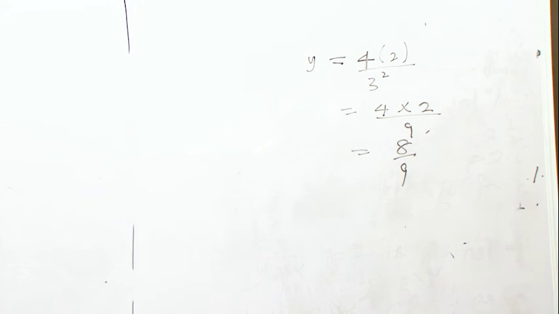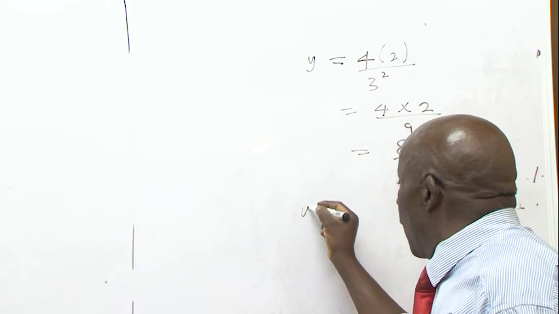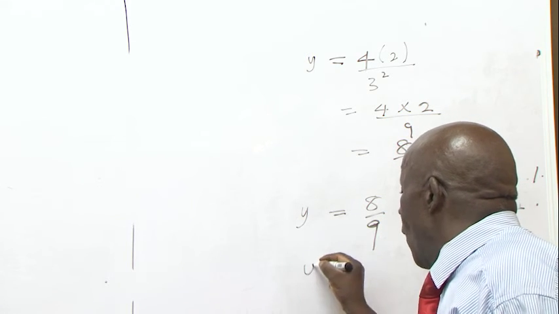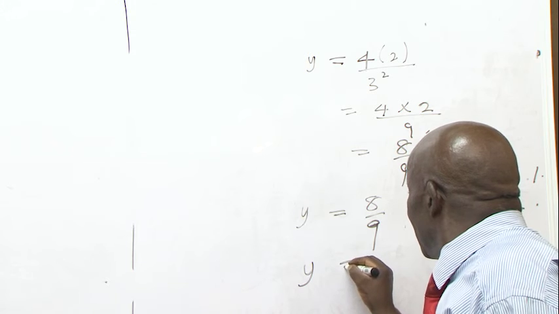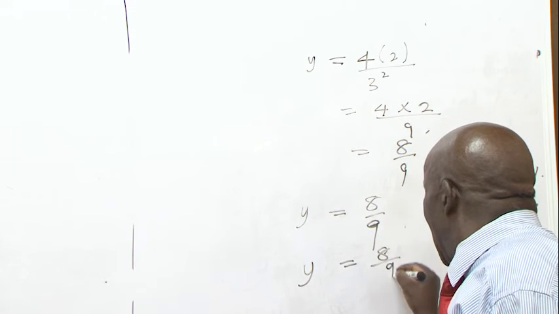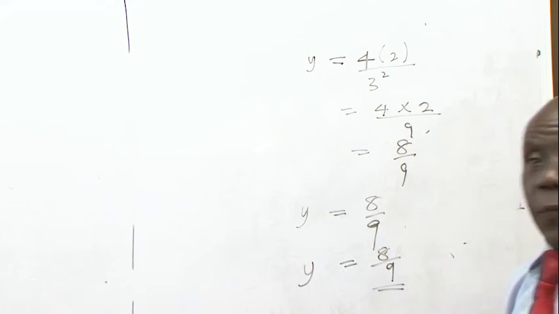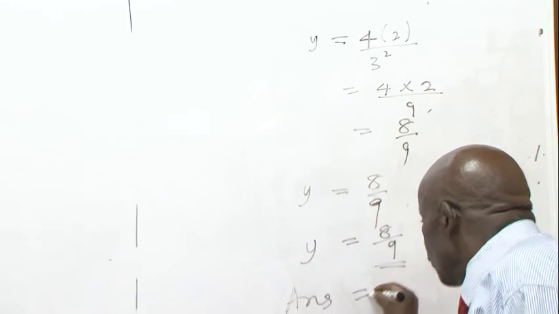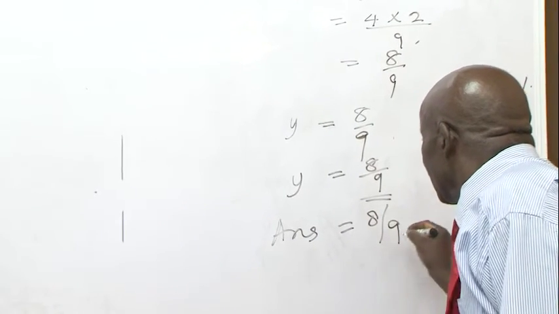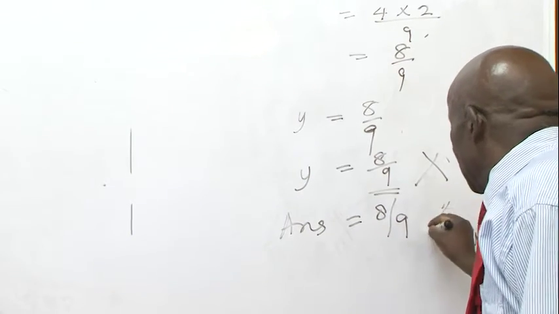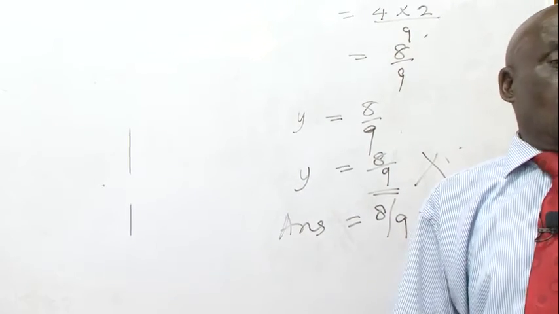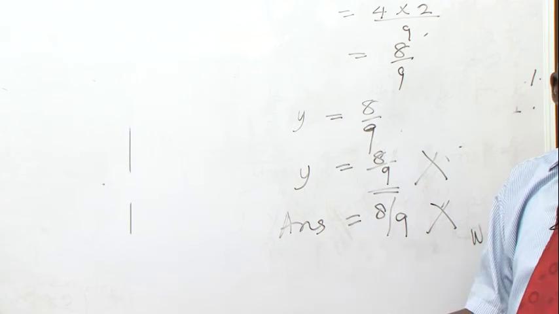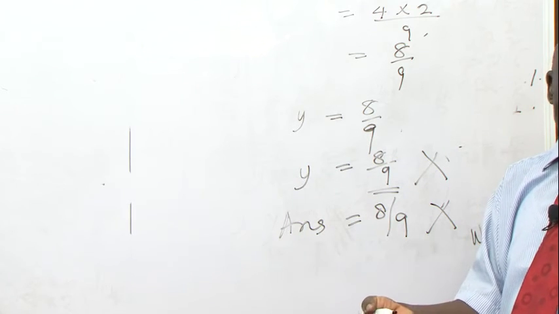If you say y is equal to 8/9 and you draw this, or you say answer is equal to 8/9, this one is wrong and this one is also wrong, because nobody is asking you to do that. You are introducing another mathematical term.